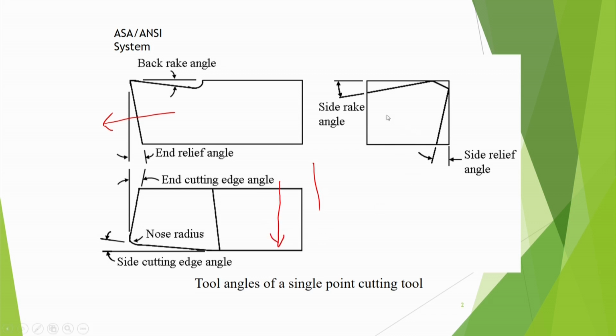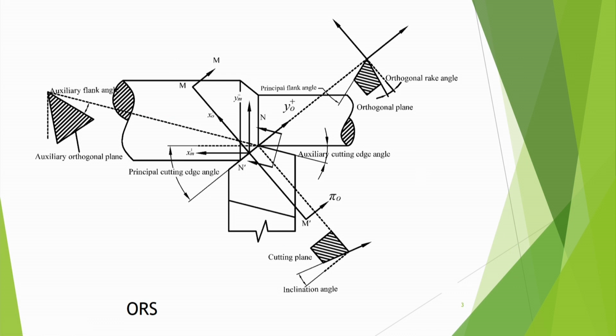In the side view I can see the side rake angle, and also the side relief angle. So side rake angle and side relief angle, these are the tool angles of a single point cutting tool in ASA system. Then in ORS system also we can see the angles. In the top view we can see the principal cutting edge angle, which is complementary to the side cutting edge angle, and we can get the auxiliary cutting edge angle.